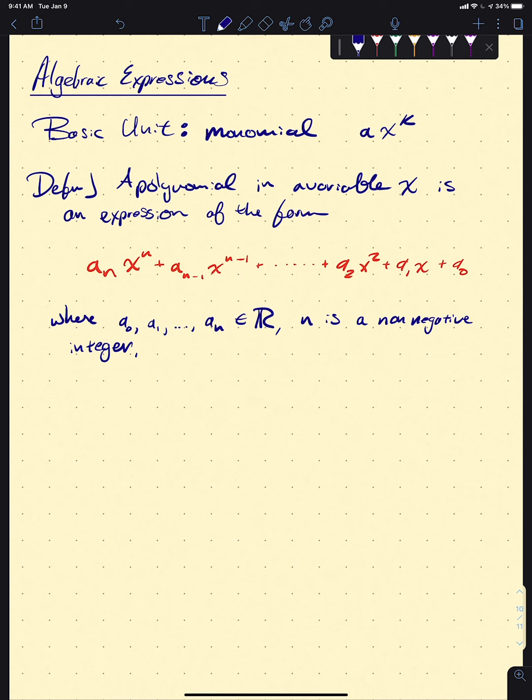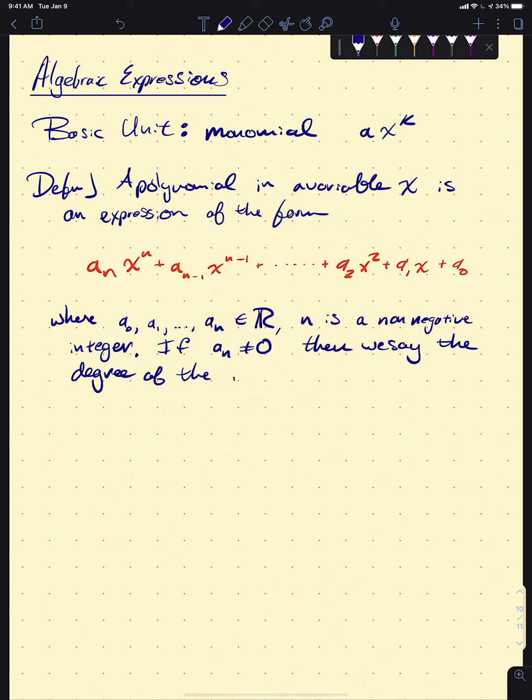And further, if a_n is not 0, then we say the degree of the polynomial is n, right? So, if you have, say, x cubed plus 5x squared, that is a degree 3, right? Because our leading term, our biggest term, with the highest power, is x cubed, right? So it's a degree 3 polynomial.